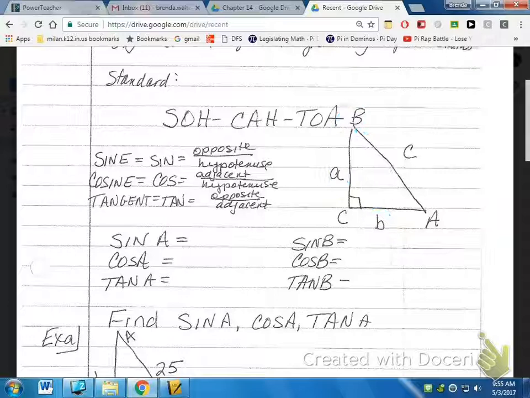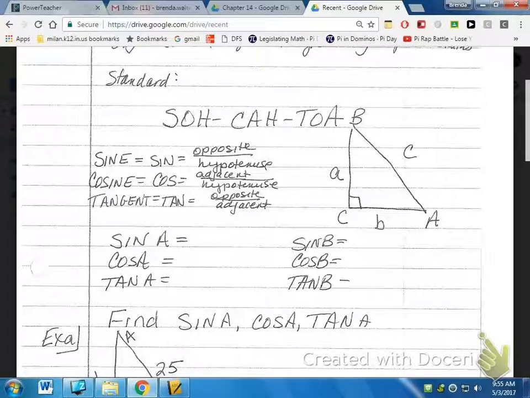Now we're talking about definitions, how they're defined, and how you write these. So you're going to see a lot of this: sine A, cosine A, tangent A, or B, or whatever. We're going to start off by using little a, little b, little c.